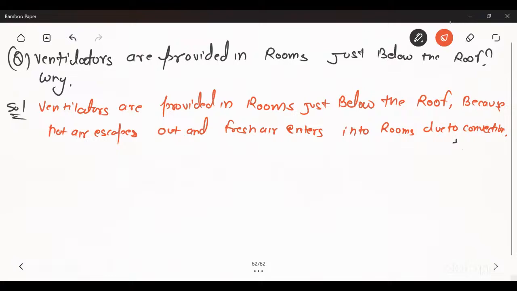Now the next question is: what is the greenhouse effect? And explain global warming.